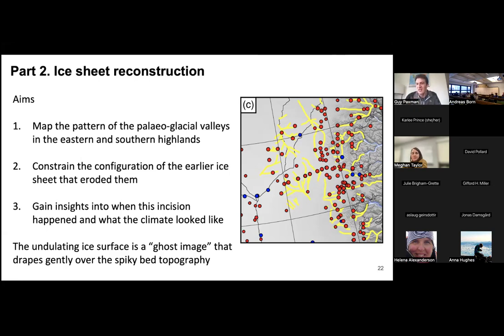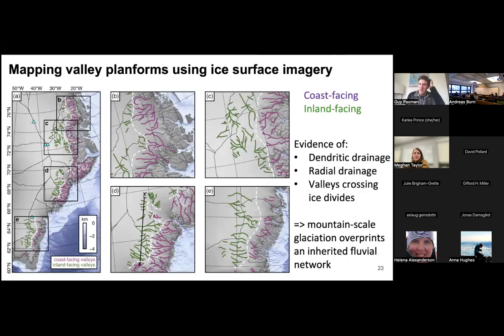So you can get more of an understanding of what the structure of the valley network actually looks like. And if we apply that to the whole region of the south and east of Greenland, we get this pattern that we map out in the subglacial valleys across these regions, which we saw first in the radar data, and now we can also map out in the ice surface imagery.